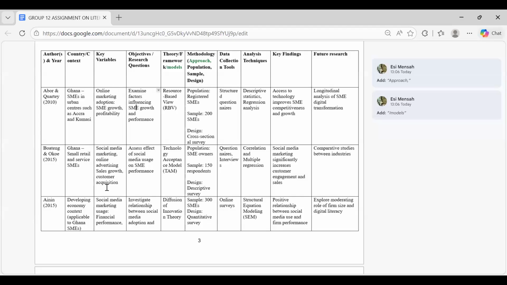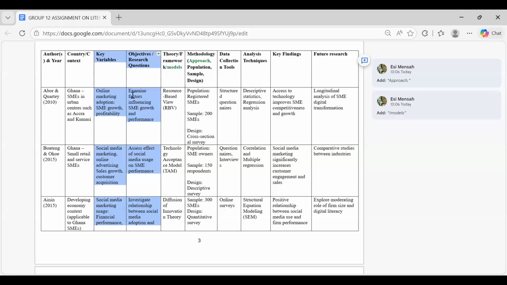Decide which of the two terminologies you are using. And then you'll be quoting these people as the source of information for that conceptual review section. You are also going to have to define SMEs and define the scope and scale of SMEs. So the conceptual review will be built from these two columns in the literature review matrix.